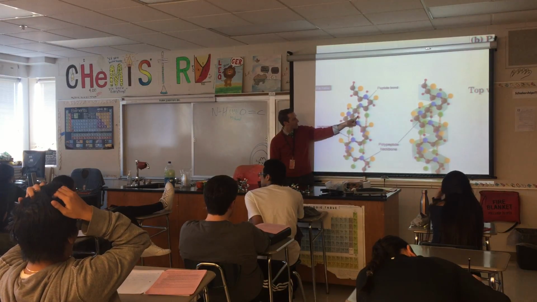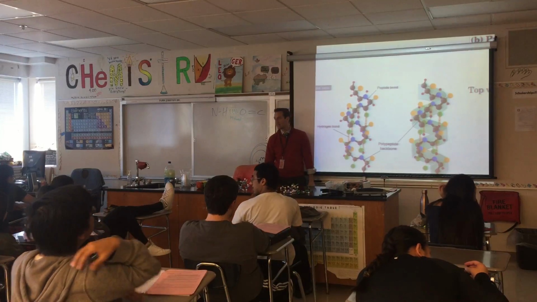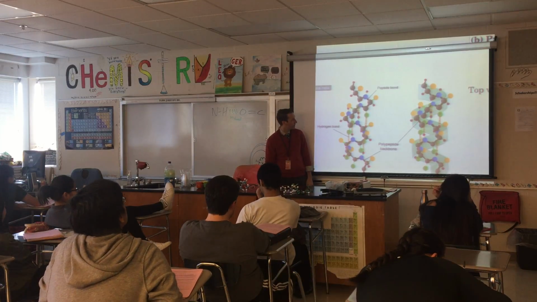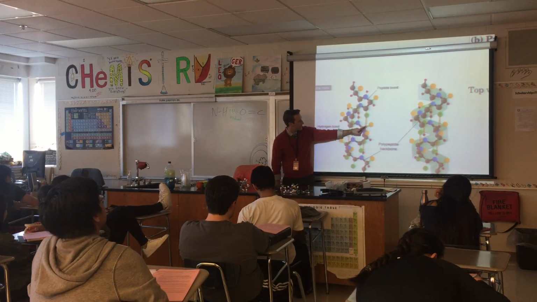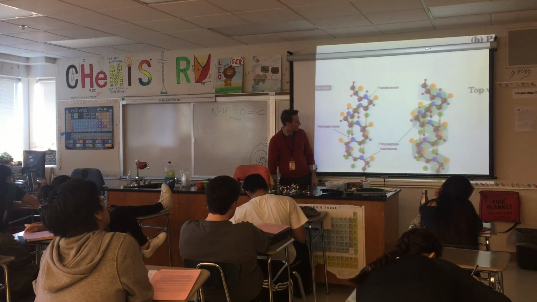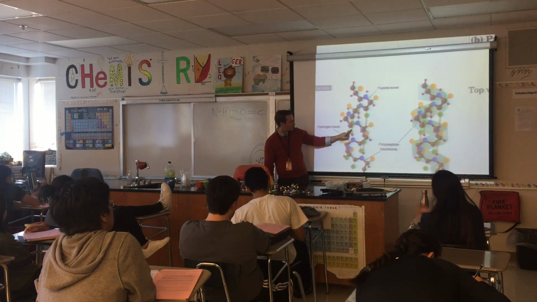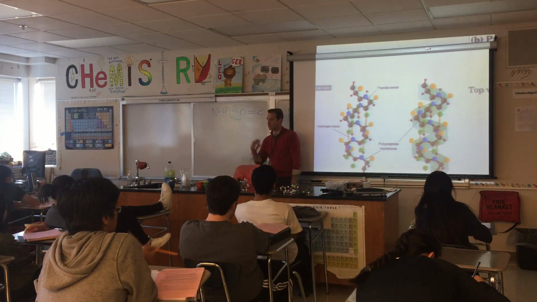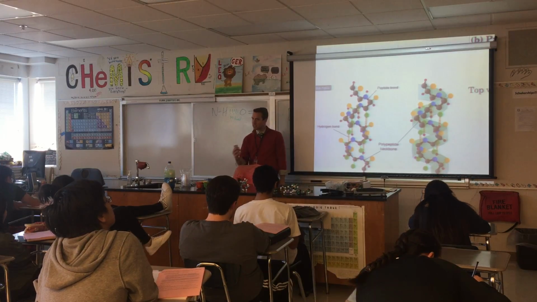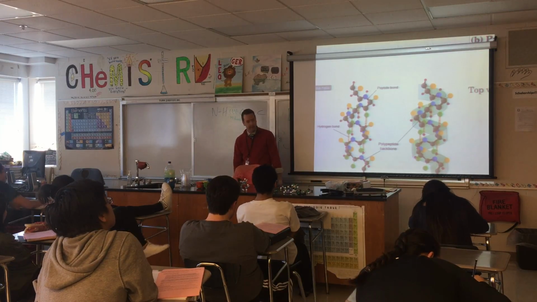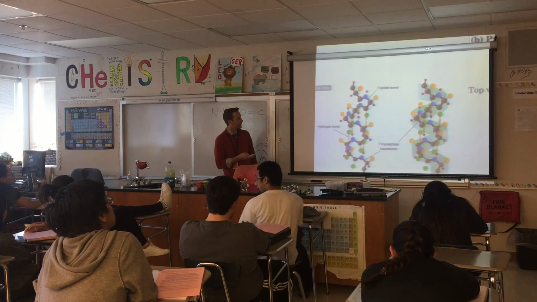That NH, the hydrogen, then interacts with an oxygen further down the chain. There's another NH here interacting with an oxygen further down the chain. Here's an NH interacting with an oxygen further on the chain. So that keeps this protein coiled up in this structure we call an alpha helix.